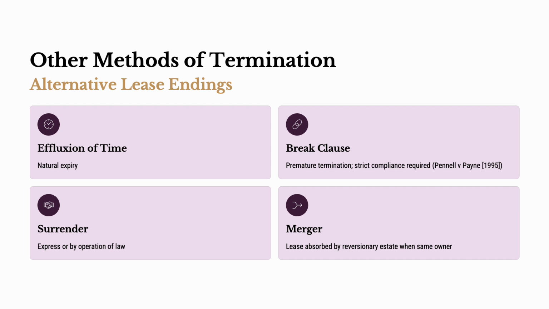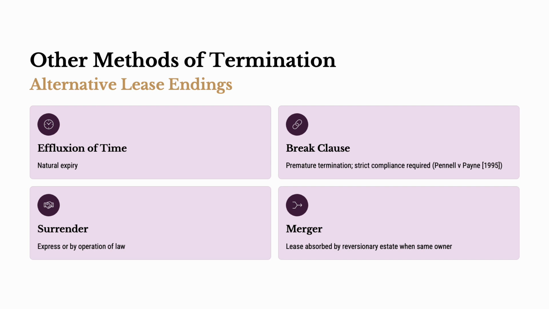If the clause requires vacant possession, the tenants must actually deliver vacant possession, not merely offer it. So sometimes there is surrender, the lease is surrendered. So express surrender requires a deed. Implied surrender by operation of law occurs when parties demonstrate that they want to surrender the lease. For example, the tenant returning keys and the landlord accepting them and reletting. So that's surrender of lease.